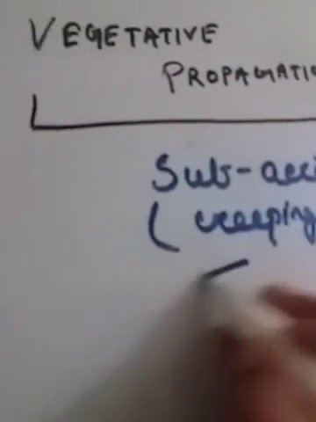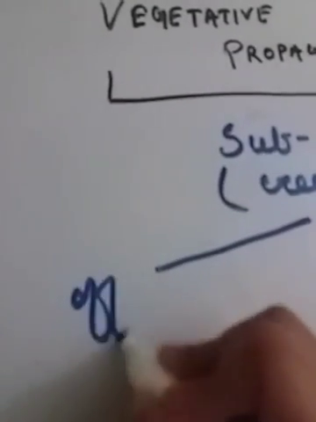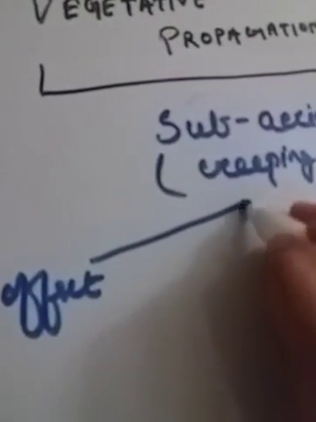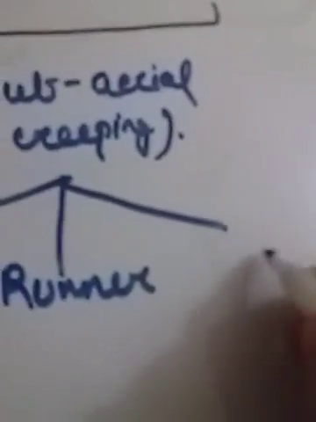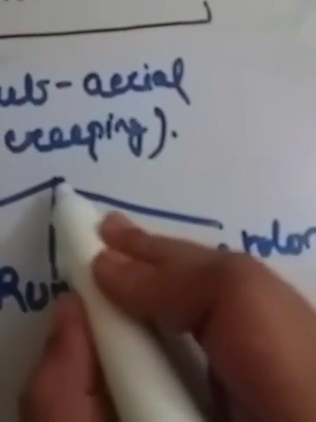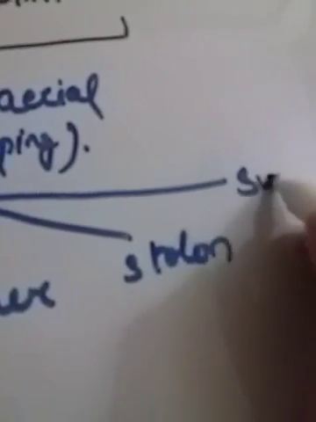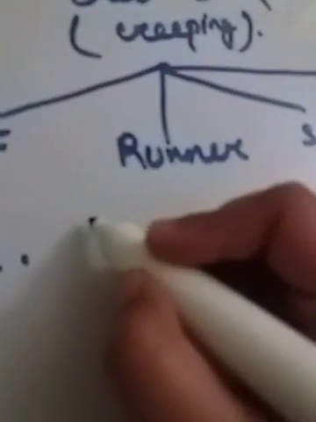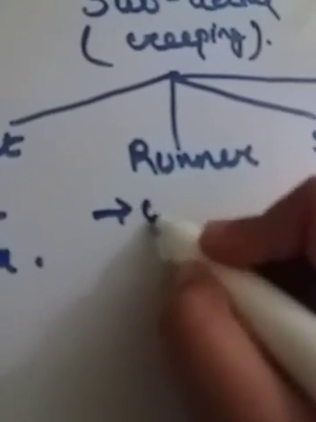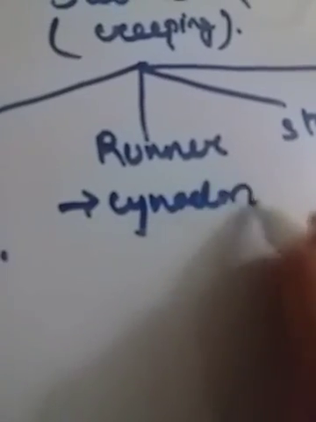Here it is divided into 4 categories: offset, runner, stolon, and sucker. In offset, the examples are Pistia and Eichhornia. In runner, Cynodon dactylon.